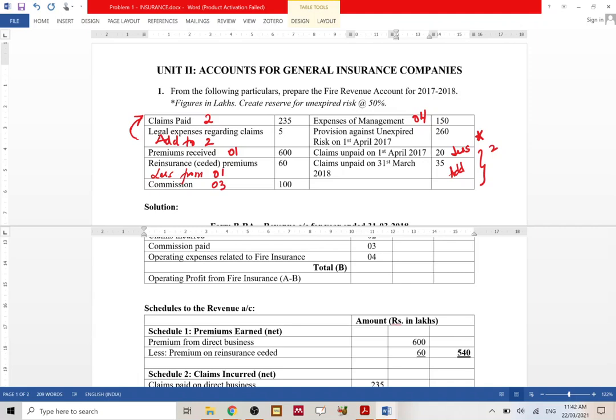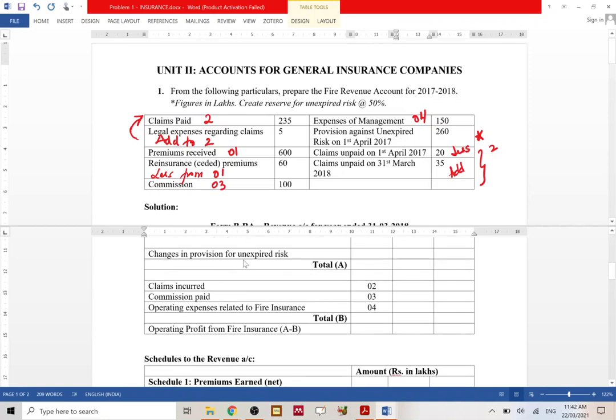Now, in this case, we are going to calculate the current year's provision on the unexpired risk. Then we will take that and subtract it from the opening provision, and we will get the difference, which is called the change in provision.